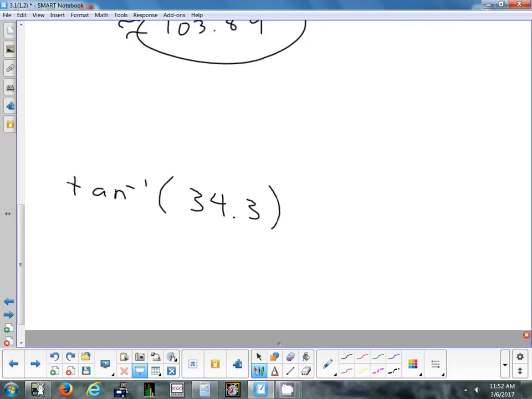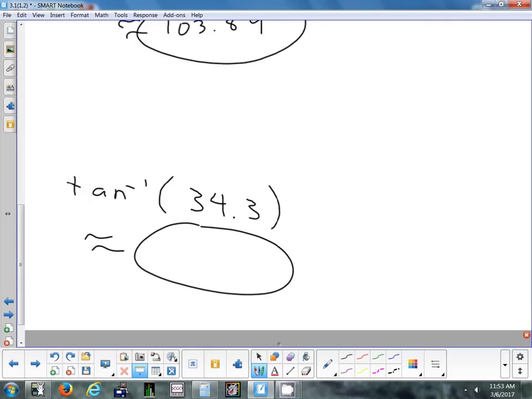Okay, and how about, let's try this one. Inverse tangent of 34.3. You can do it in degrees, but just be careful you know how to do radians, because you'll probably see both on the test. All right, James, you get an answer for that one? No, I didn't do it yet.